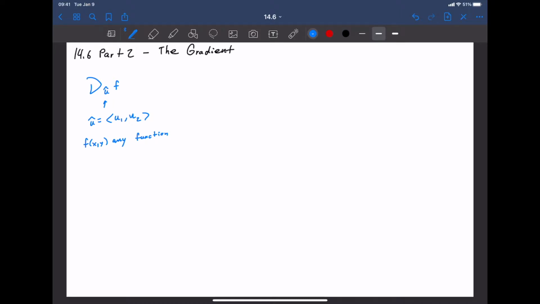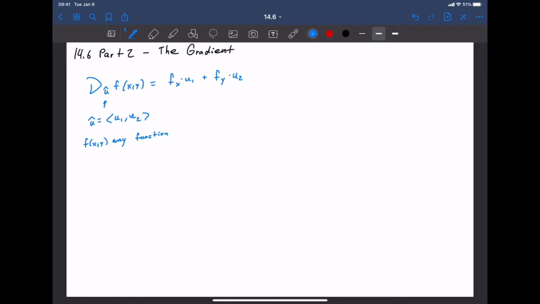It takes 2 inputs, outputs one thing. It makes a 3D surface, like a sheet. At any x, y point, it turned out we were going to use the partial derivative with respect to x times u1 plus the partial derivative with respect to y times u2.